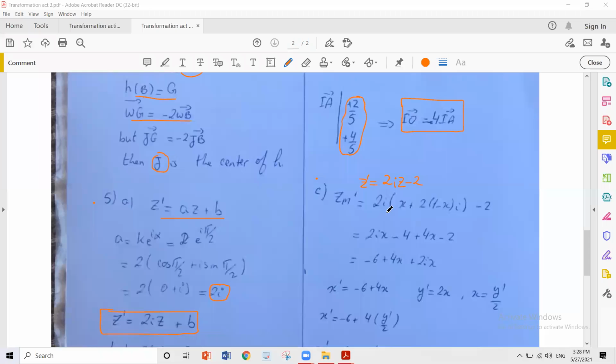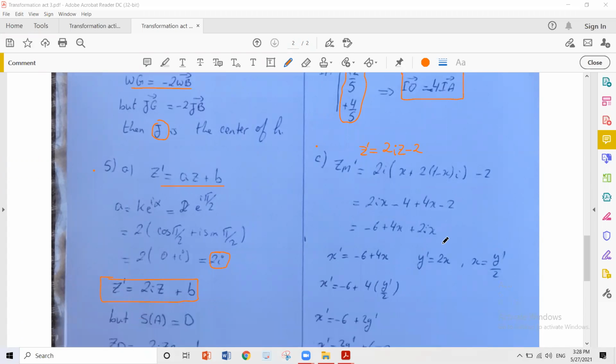Expanding, 2ix minus 4 plus 4x minus 2 equals minus 6 plus 4x plus 2ix. This is zM prime. To determine the set of M prime, this is x prime: x prime equals minus 6 plus 4x.